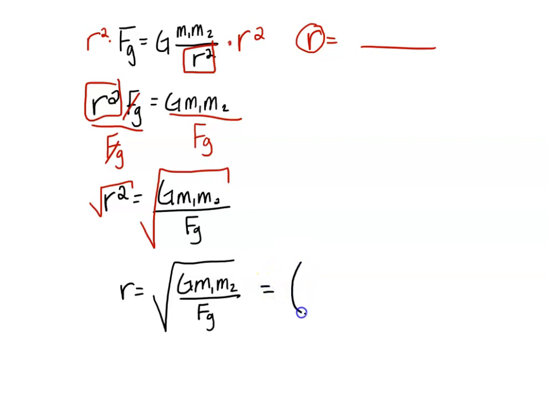So sometimes you'll see me write it like this. Instead of the square root, I use parentheses, and I use the exponent that means square root, which is the 1/2. So those are algebraically equivalent.